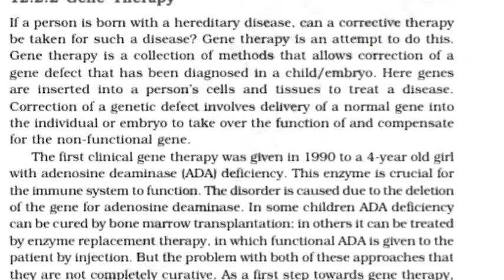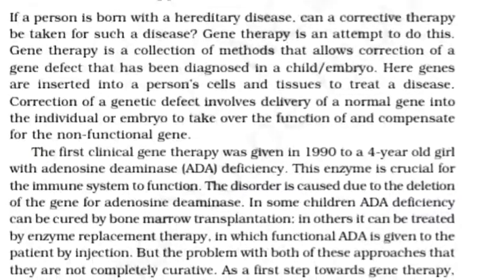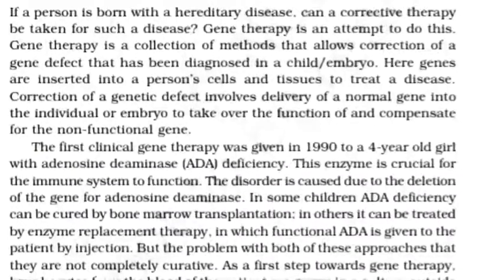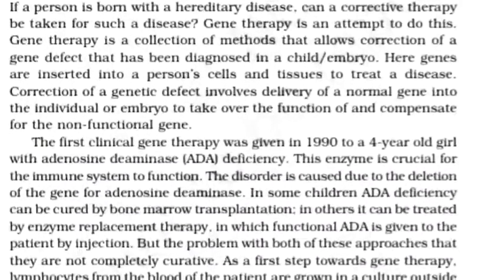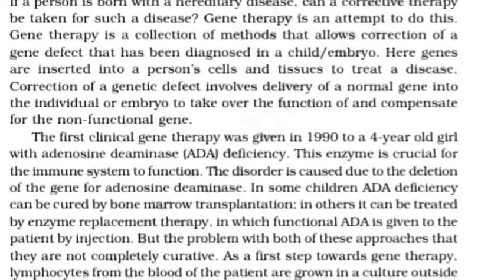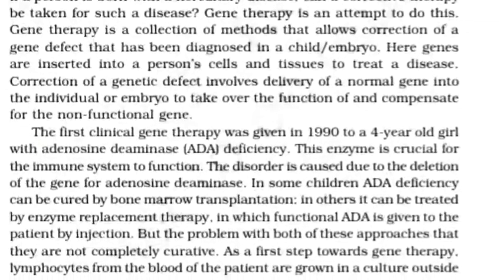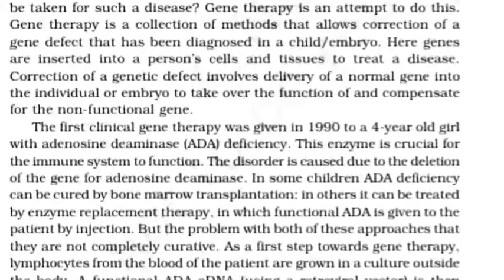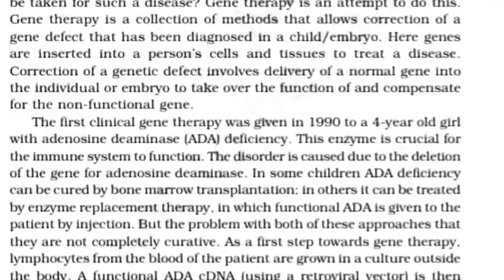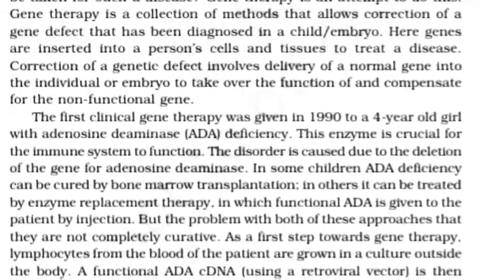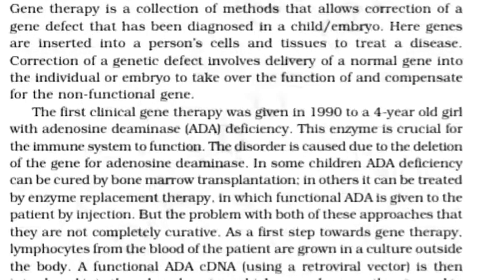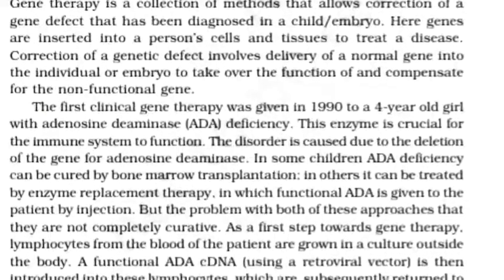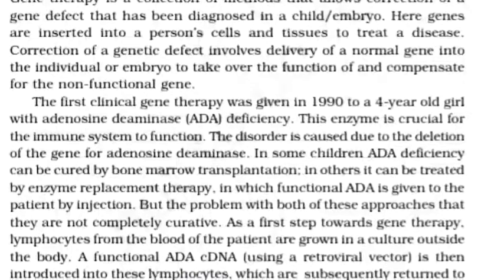In some children, ADA deficiency can be cured by bone marrow transplantation. In others, it can be treated by enzyme replacement therapy, in which functional ADA is given to the patient by injection. But the problem with both of these approaches is that they are not completely curative.